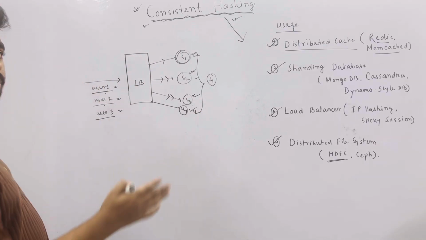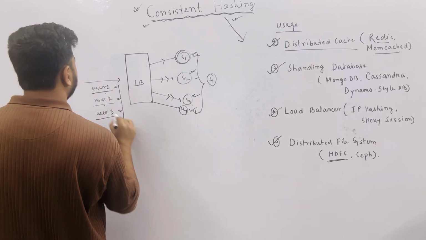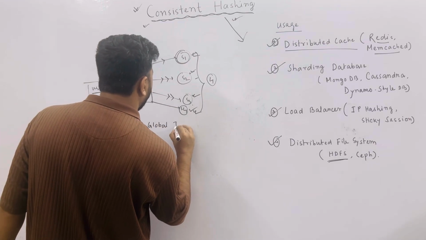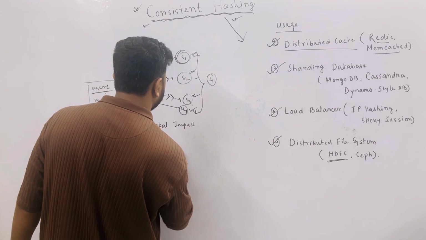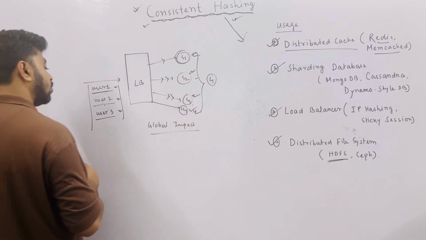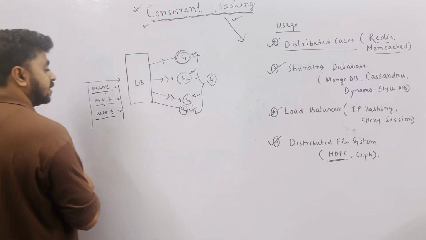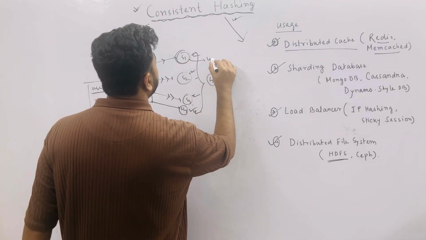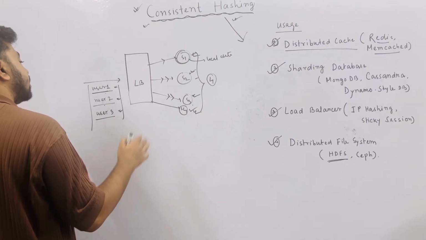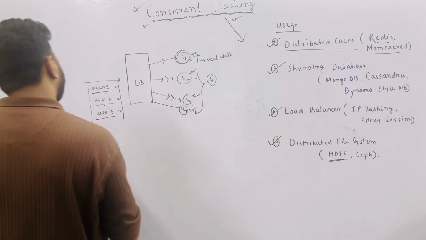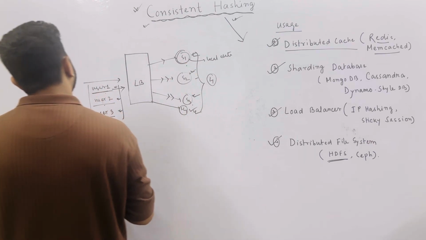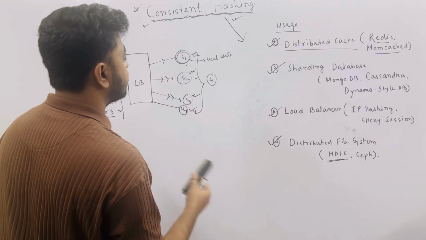So there is a global impact: all our users are remapped to different servers. They will lose their session data and their local data, and the application will take much more time to generate a response. So the whole idea of keeping the user on the same server is not fulfilled with traditional hashing.